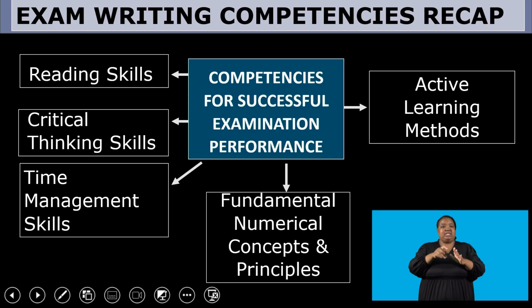And the exam writing competencies, very important skills as you prepare yourself for the exam: reading skills, critical thinking skills, active learning methods, time management, very crucial, as well as the fundamental numerical concepts and principles. Very important once again for the calculations, especially on this topic.